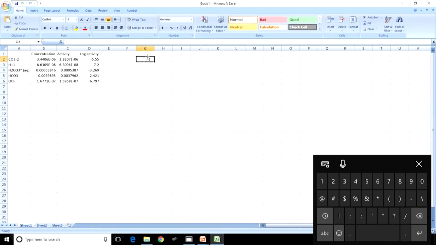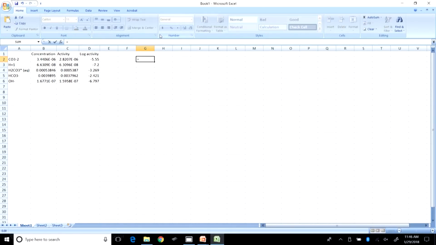And how do I calculate this particular CO3 total? That is going to be equal to this particular CO3 2 minus plus H2CO3 plus HCO3 minus, and enter. So what is this equal to? If you look at this, we know that CO3 total is nothing but H2CO3 plus HCO3 minus plus CO3 2 minus.